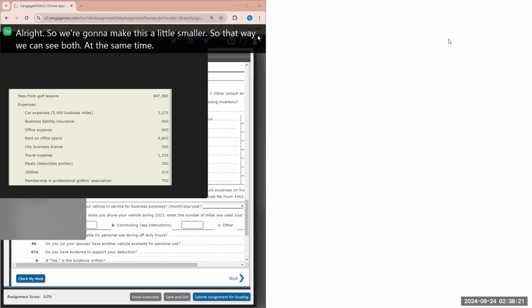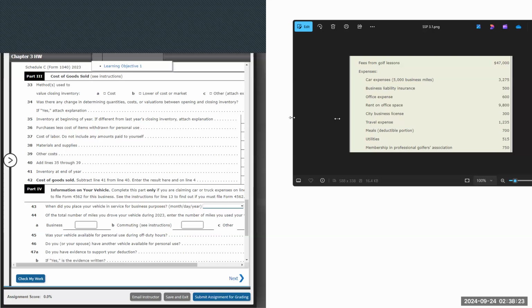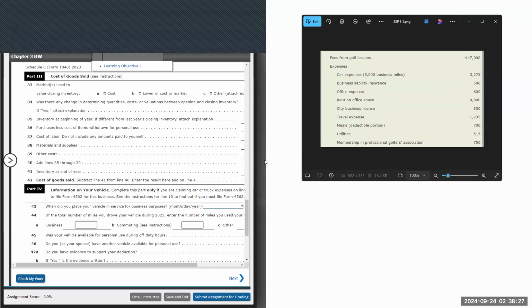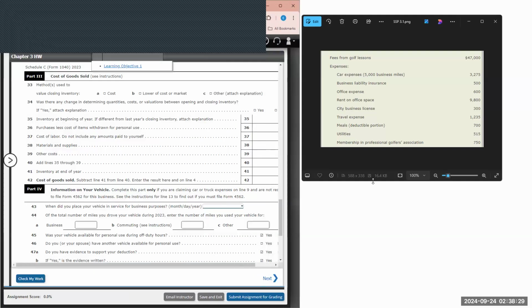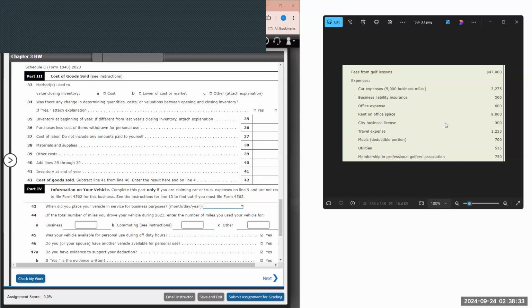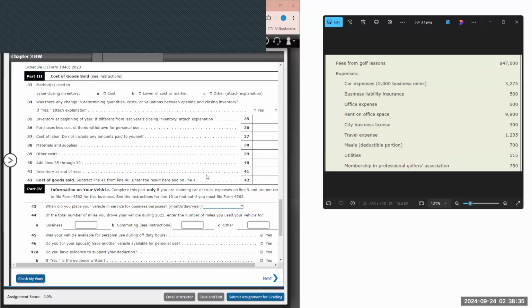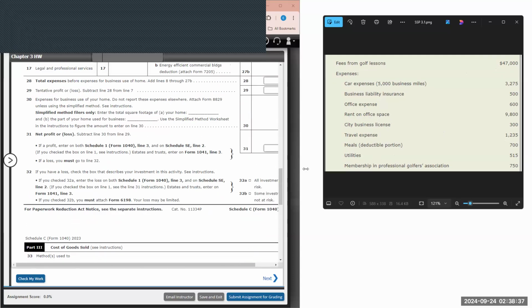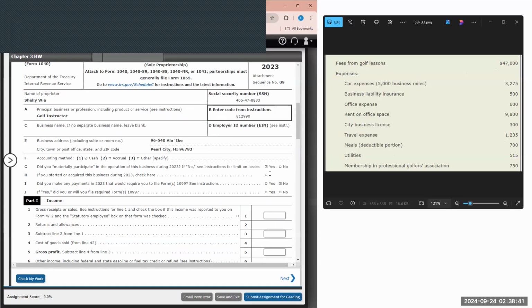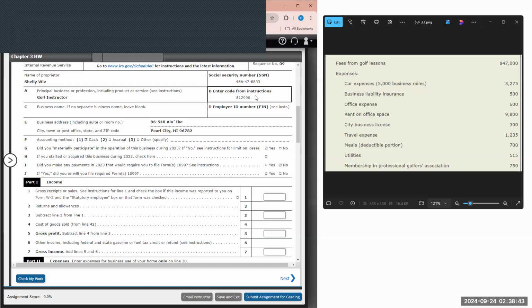All right, so here we are. So this problem, again, it wants us to prepare the Schedule C for Miss Sally Lee. All right, so the social security number and that information has already been input, so we are good to go from there. But now we're going to start to prepare the form.